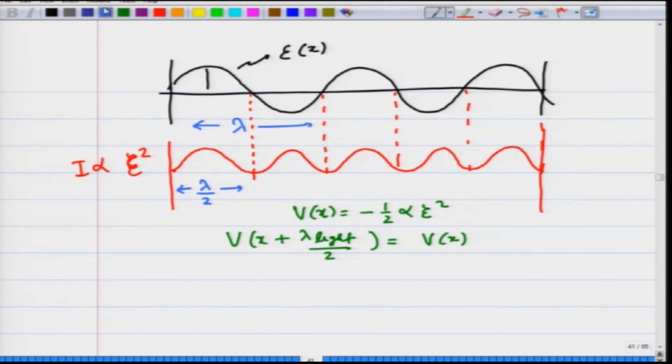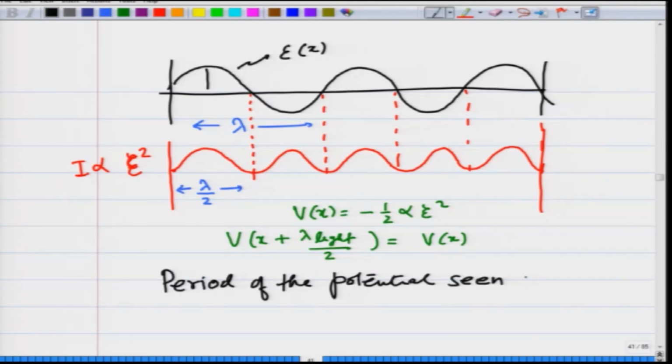So, the period of the potential seen by the atom is lambda by 2.